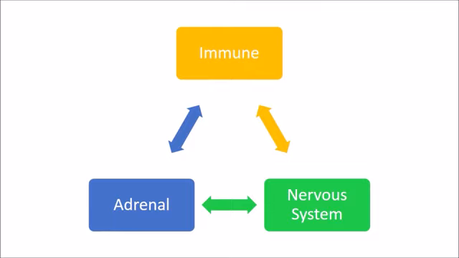And that will then start to pull on the nervous system. This is not a one-directional relationship. Weakened or hyperactive adrenals will start to strain the immune system and also strain the nervous system. And a non-adjusting nervous system will drain the adrenals and the immune system. Any one of these components can be the starting point that affects the others.